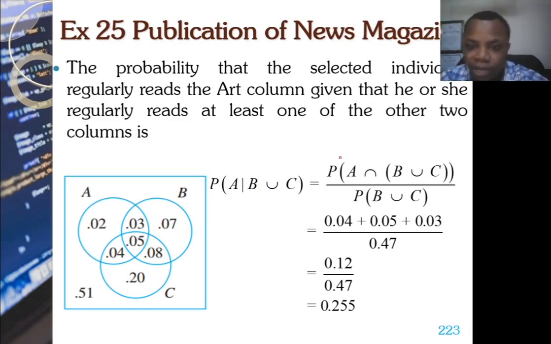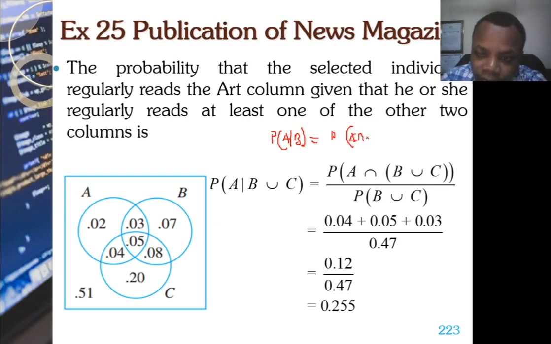And remember from the formula that probability of A given B is equal to probability of A intersection B all over probability of B. Now, because of this given sign, it means that the first event here, separated by the intersection sign, is the same as this first part, and this second part is everything that we have here.